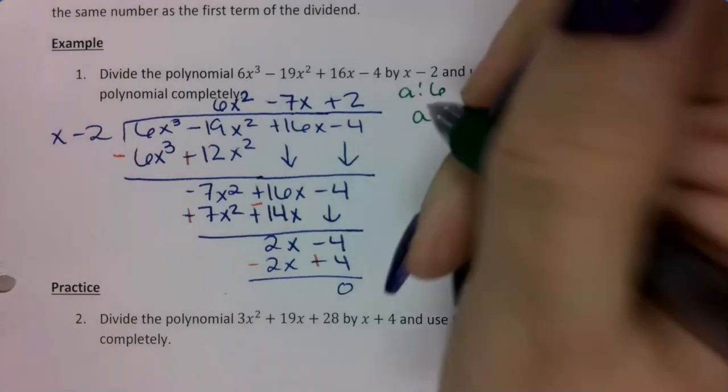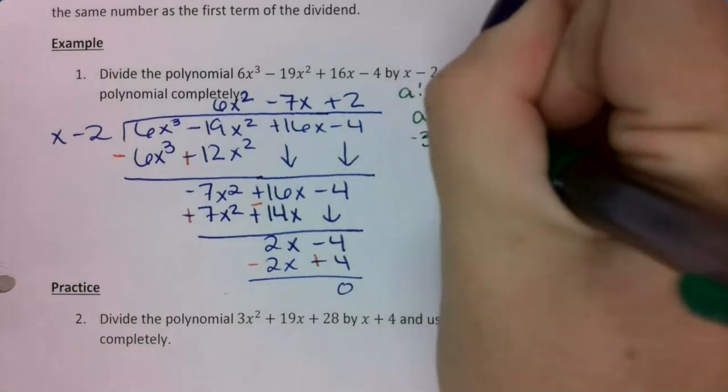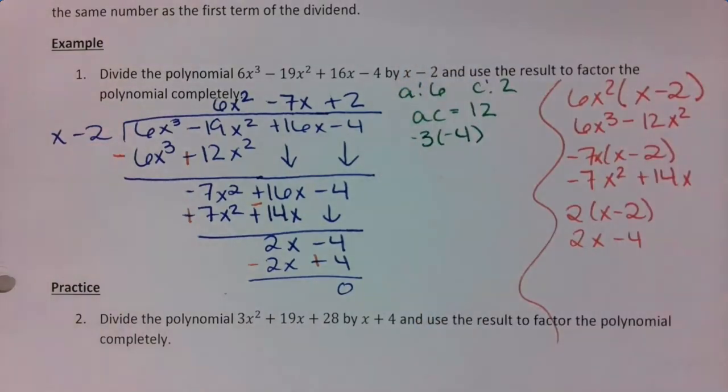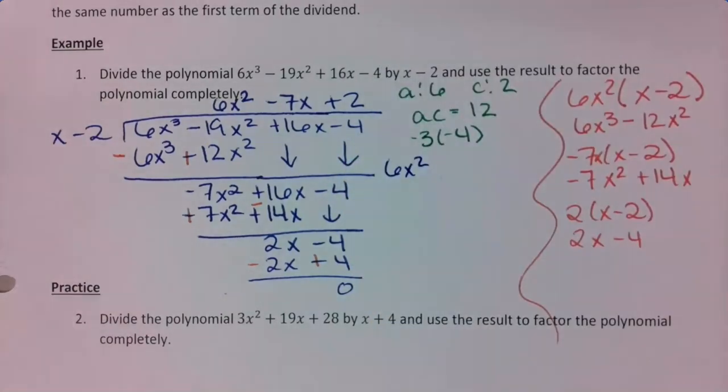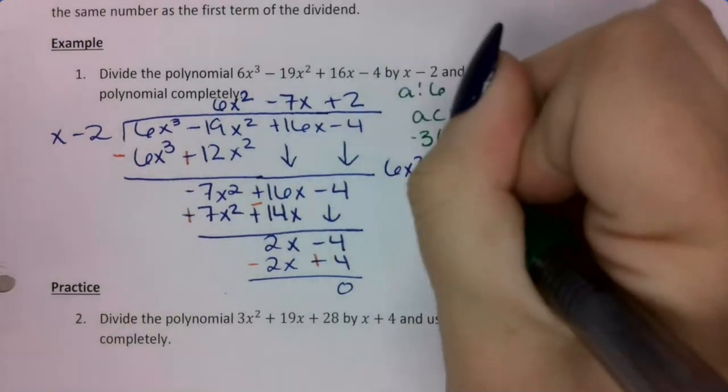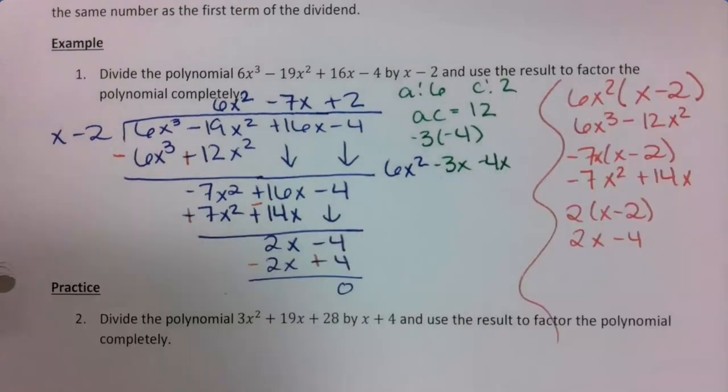So then I'm going to split this up. I have 6x squared, and then I'm going to write minus 3x minus 4x plus 2.